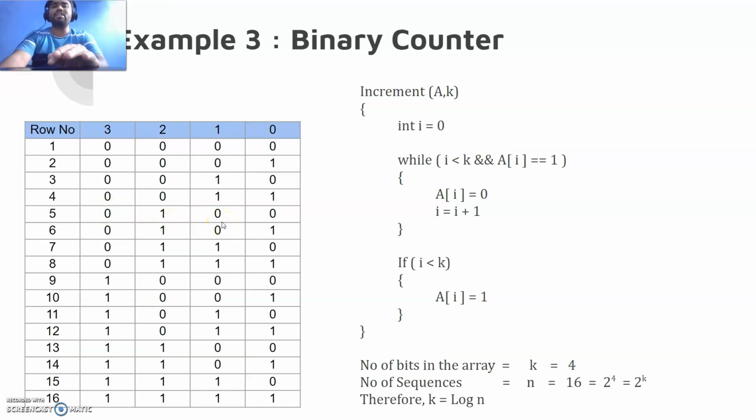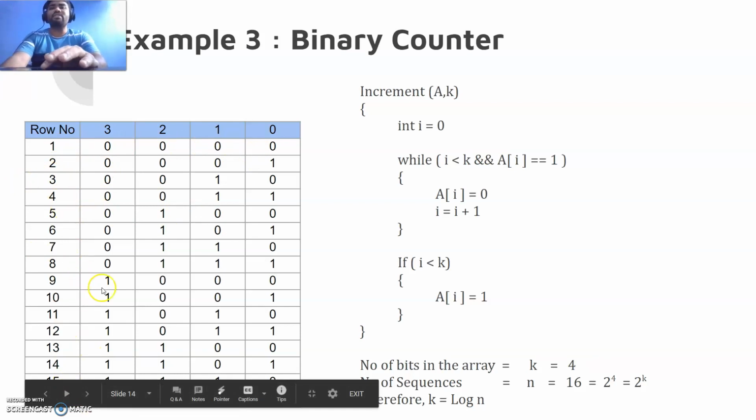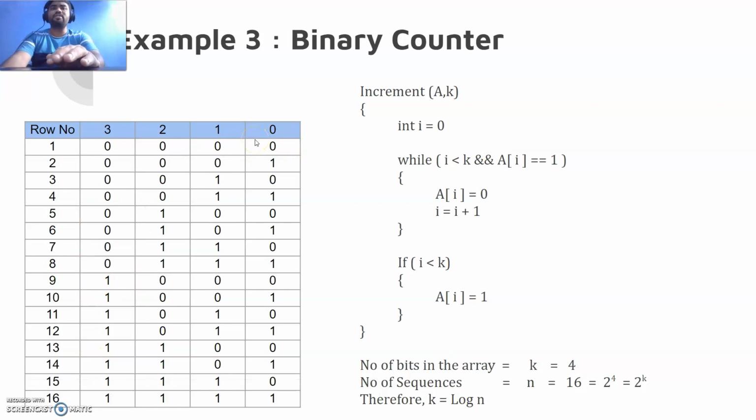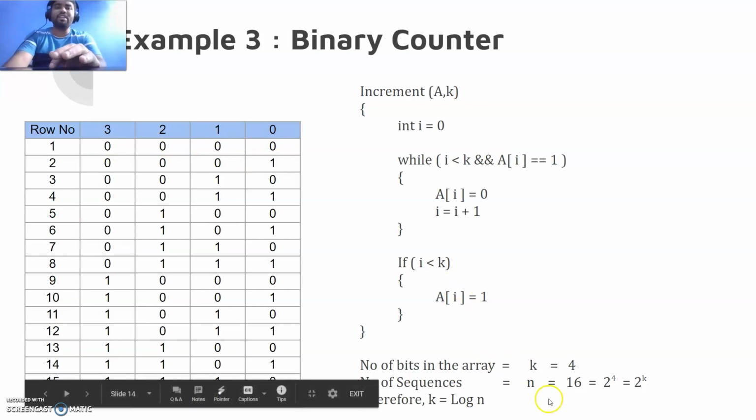Now you can see that we have n sequences. What are n sequences? We have 16 sequences, and the number of bits in the array used to show these 16 sequences is 4. So we can clearly relate that the number of sequences is related to the number of bits in the array. How? If n is equal to 16, we can say that it is 2 raised to 4, which is 2 raised to k.